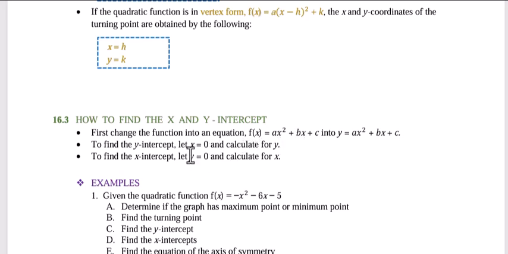In the same scenario, to find the x intercept, we let y be equals to 0 and calculate for x. So we'll look at a couple of examples.